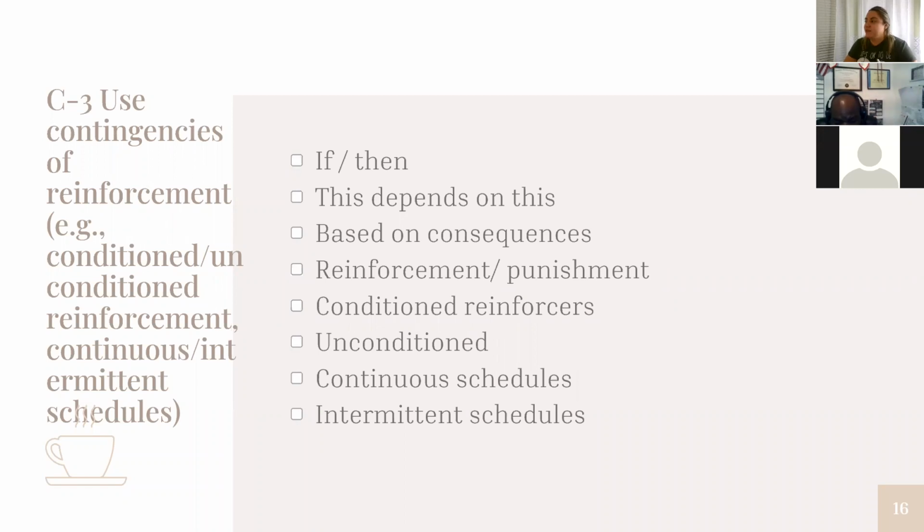So conditioned reinforcers are going to be those that are learned, or I guess I should do unconditioned first. So unconditioned are like your primary reinforcers. So like food, water, shelter, sex, sleep, all of those things that are innately desirable. Those are going to be your unconditioned reinforcers. And then your conditioned reinforcers are going to be things that are learned, and it's also called secondary reinforcers.